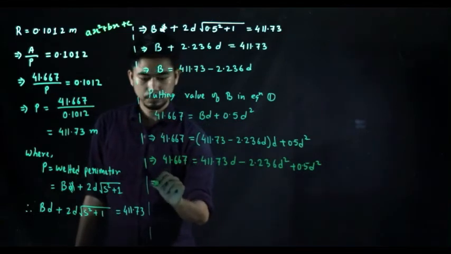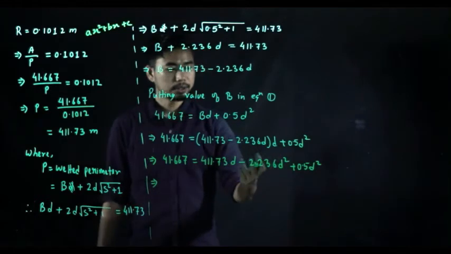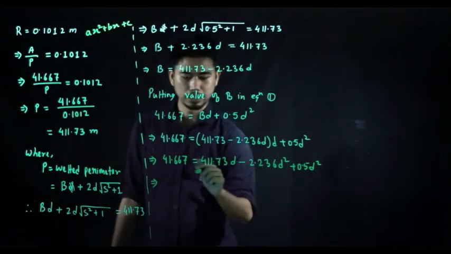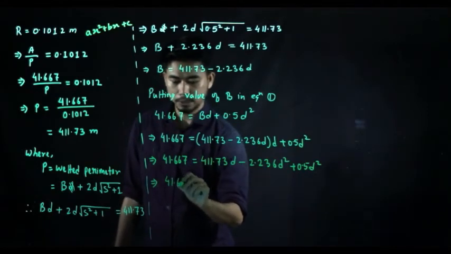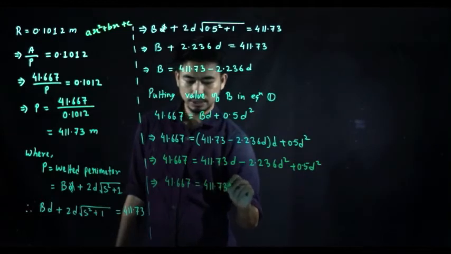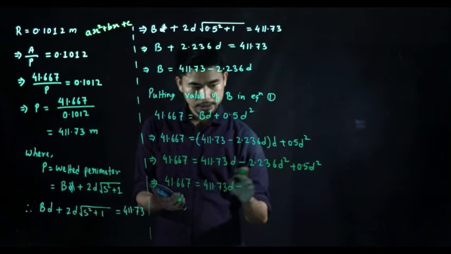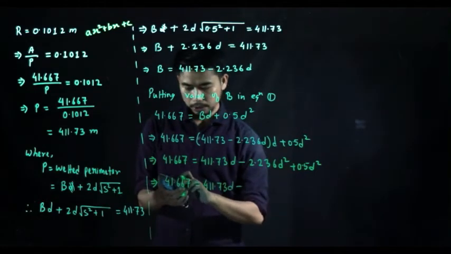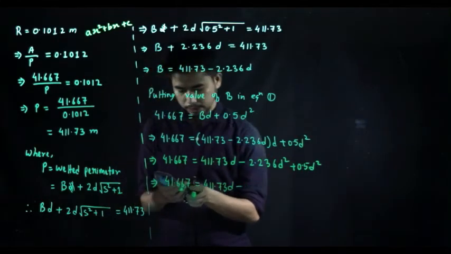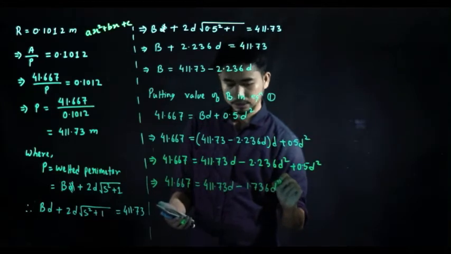So from here, what else we need to do? We have to arrange in this format, something D square. So this can be written as 41.667 equal to 411.73 D minus 2.236 plus 0.5. So this will give us negative 1.736 D square.